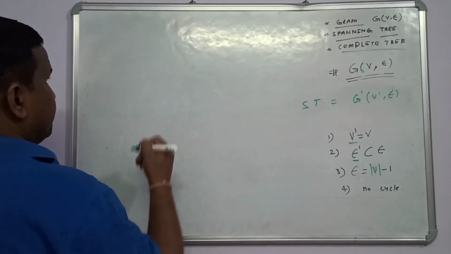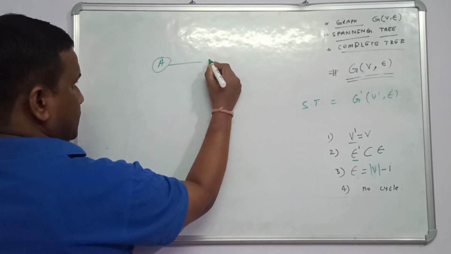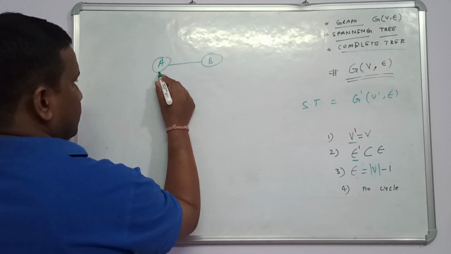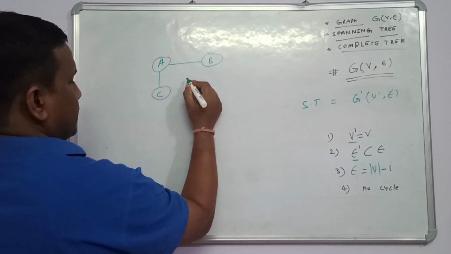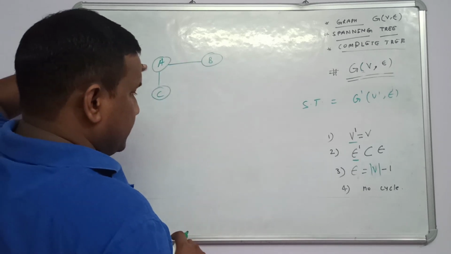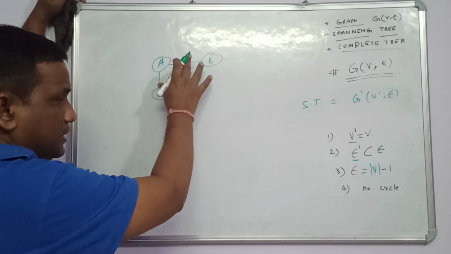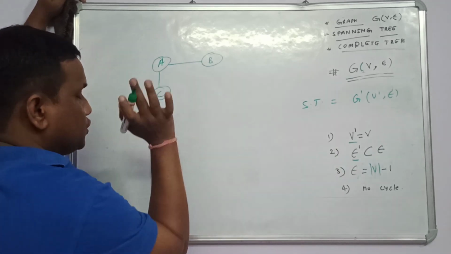What does it mean? If we combine edges and vertices, okay, so this is the spanning tree because all the nodes are connected. Okay, the number of vertices is 3 and the number of edges is 2.